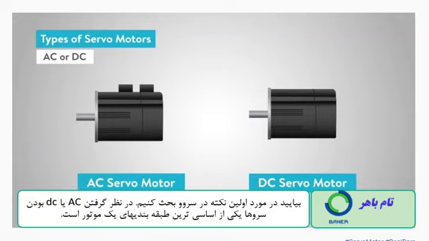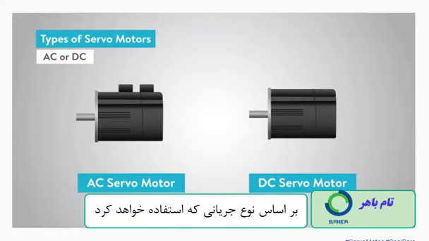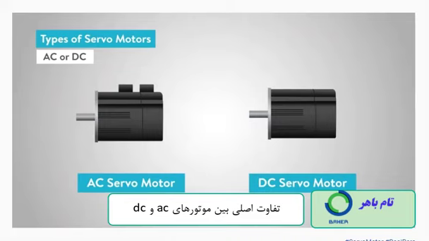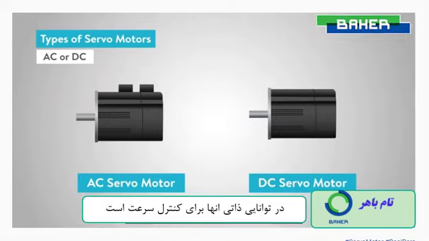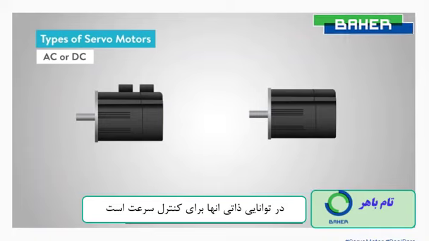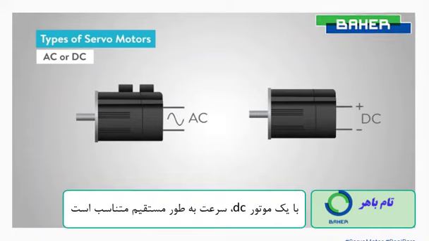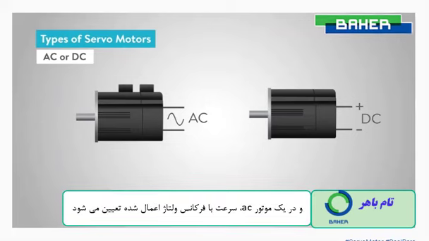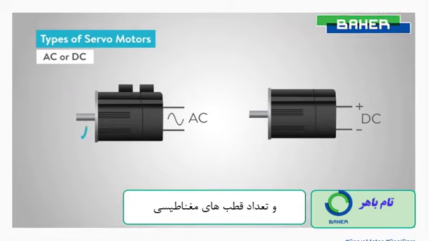AC or DC is the most basic classification of a motor, based on the type of current it will use. Looking at it from a performance standpoint, the primary difference between AC and DC motors is in the inherent ability to control speed. With a DC motor, the speed is directly proportional to the supply voltage with a constant load, and in an AC motor, speed is determined by the frequency of the applied voltage and the number of magnetic poles.